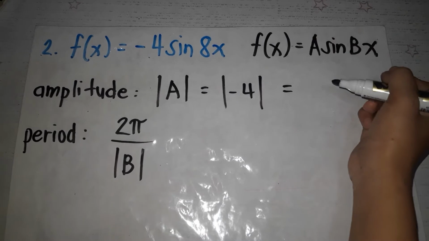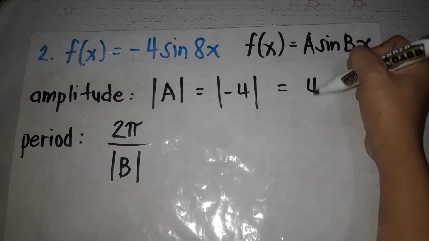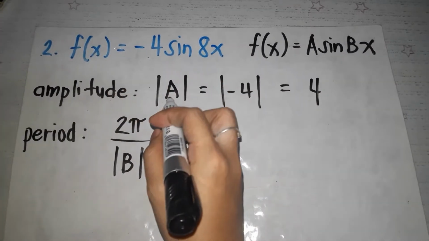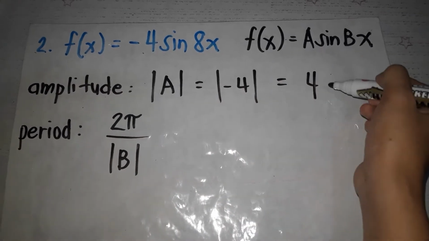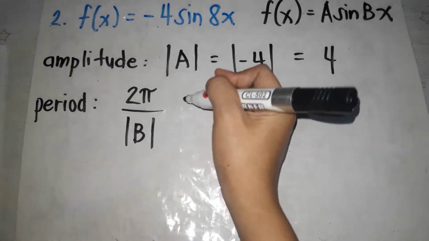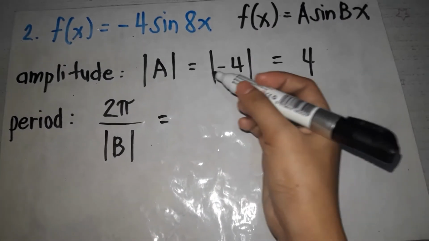Absolute value means we take out the negative sign, so we take positive only. Amplitude, absolute value of a, absolute value of negative 4 is 4. Next, period, 2 pi over the absolute value of b.